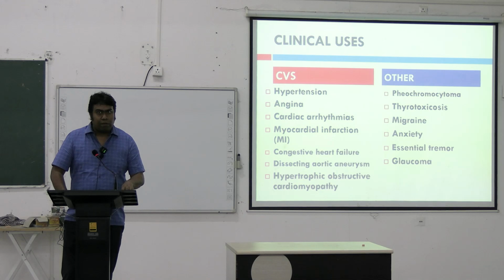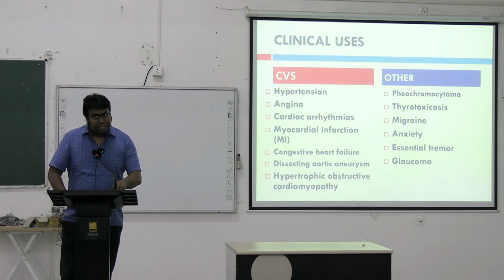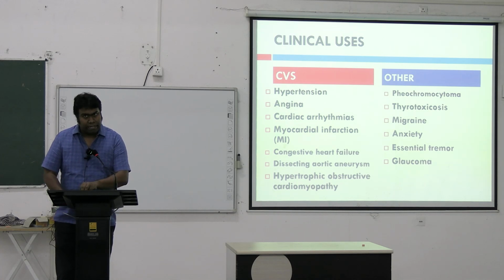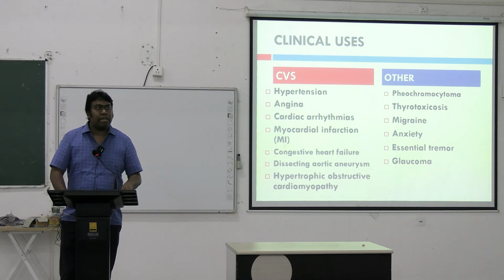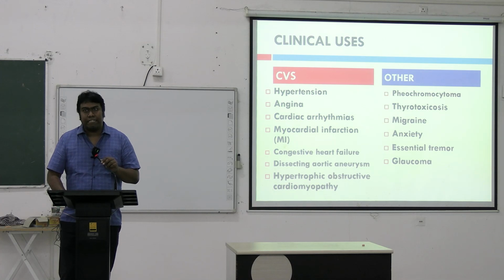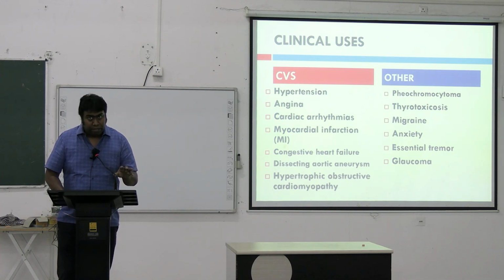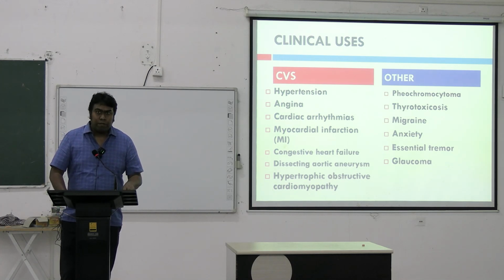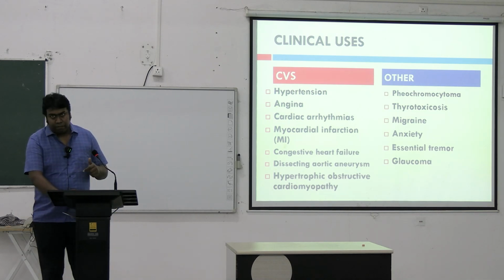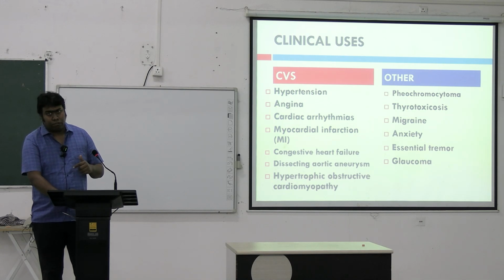So pheochromocytoma is a tumor of the adrenal gland. They secrete excess amounts of adrenaline and noradrenaline. If we give beta blocker as the primary or initial therapy, what do they do? They block the beta receptors present in the heart and in the smooth muscle of the vessels also.